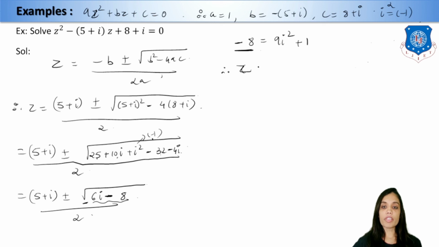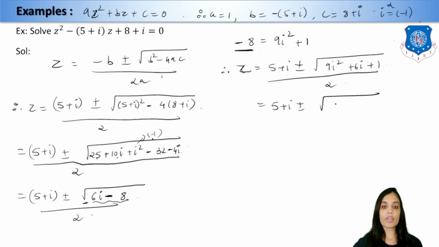So z will be equals to 5 plus I plus or minus under root of 9I square plus 6I plus 1 upon 2. Okay. Now this is a perfect square of 3I plus 1 whole square upon 2. Okay. So now this can be written as 5 plus I plus or minus 3I plus 1 upon 2.